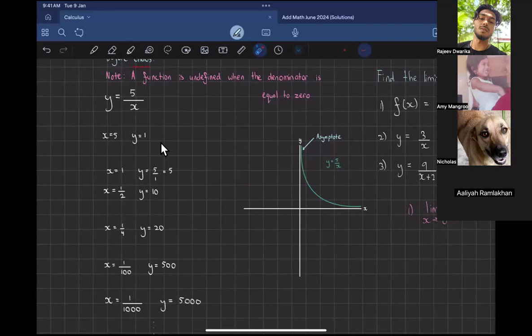Infinity, because if the x value is getting smaller, think of it like this.